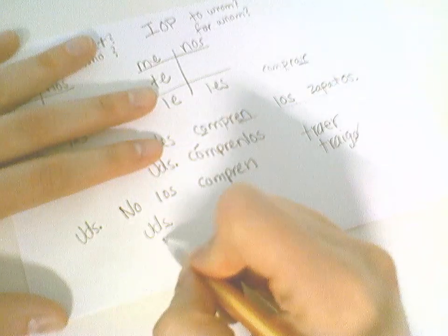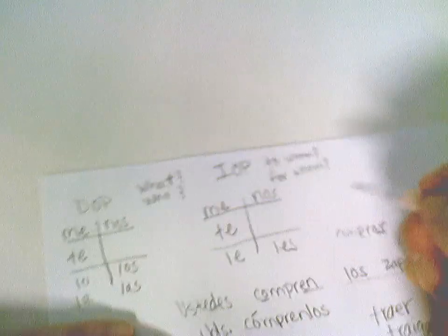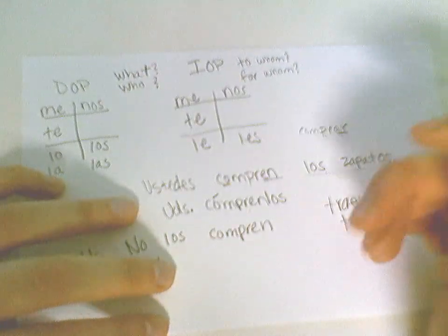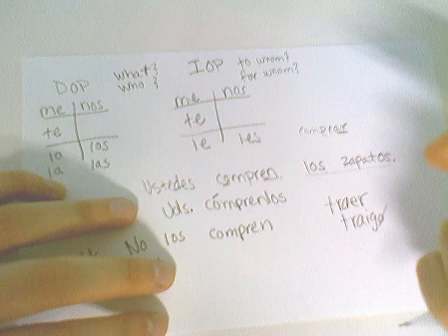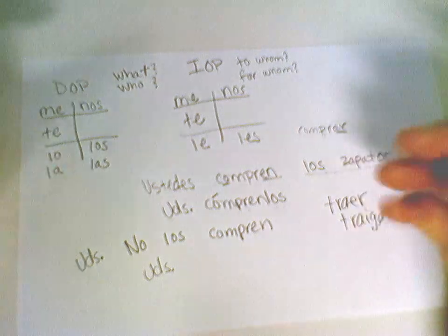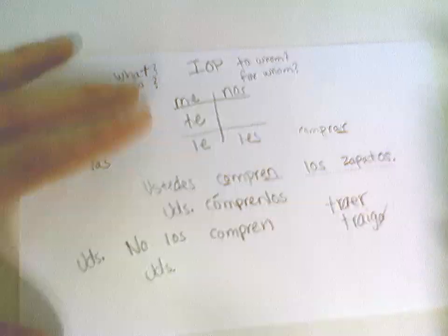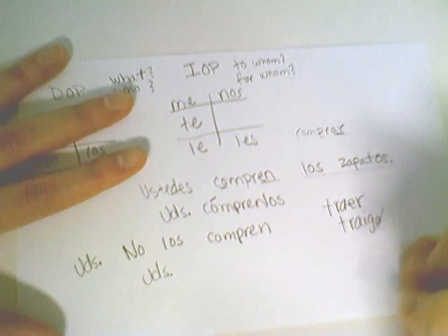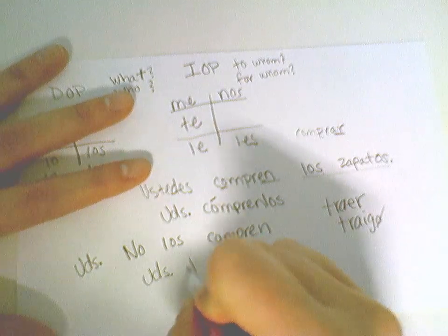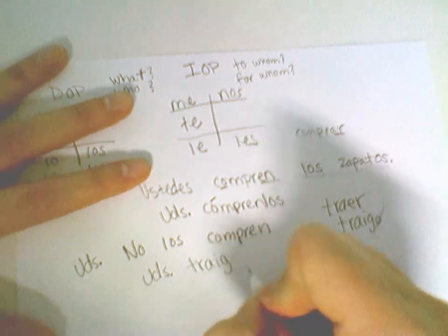Ustedes, and it's originally an ER verb, so we're going to swap it for an AR ending. I know that seems a little confusing, but that's just the best way to remember how to form commands. So we're going to say ustedes, and then we swapped.